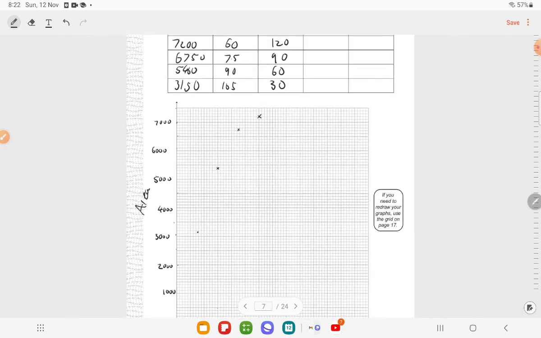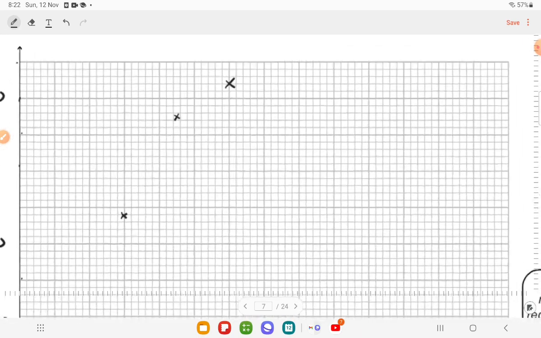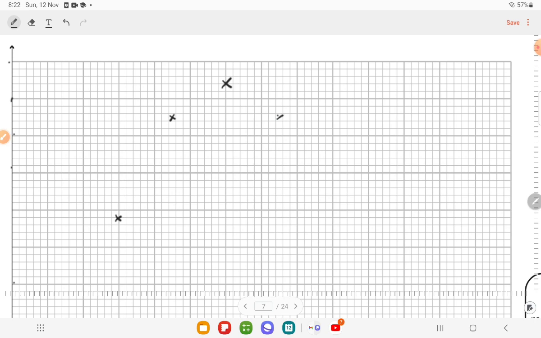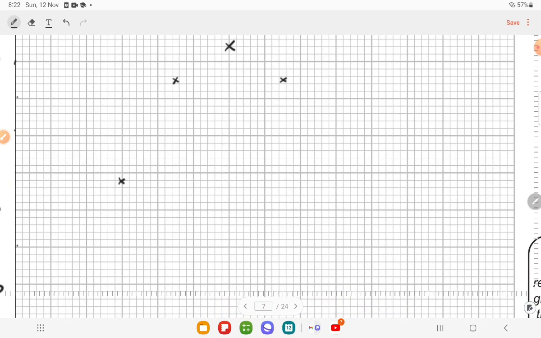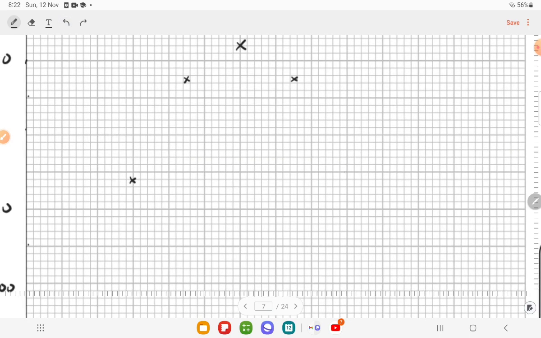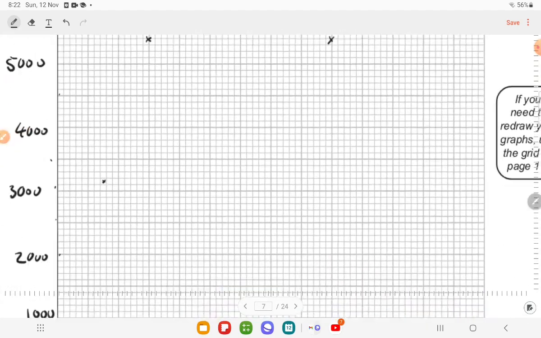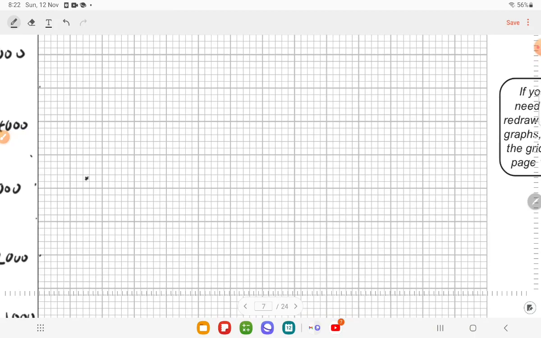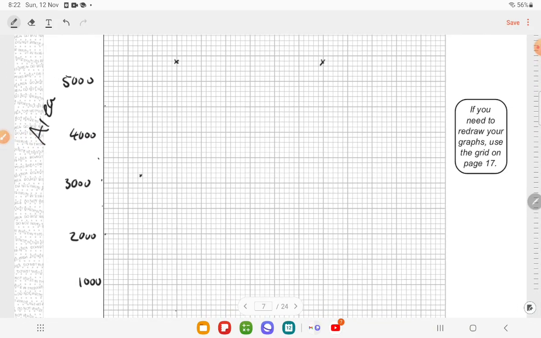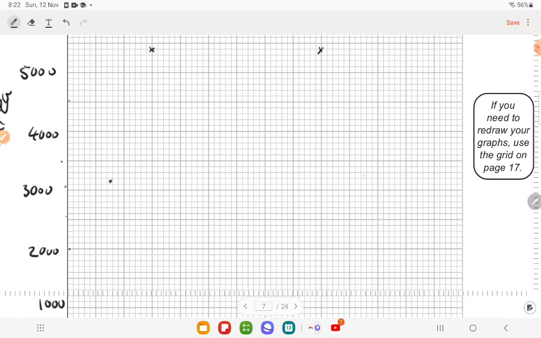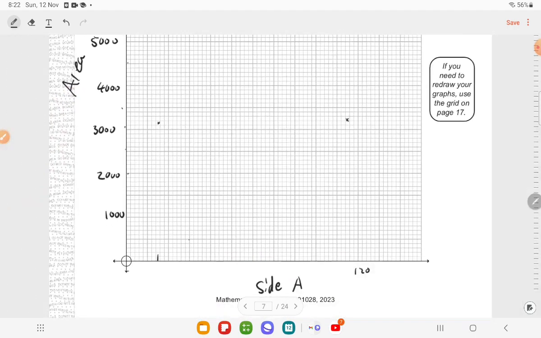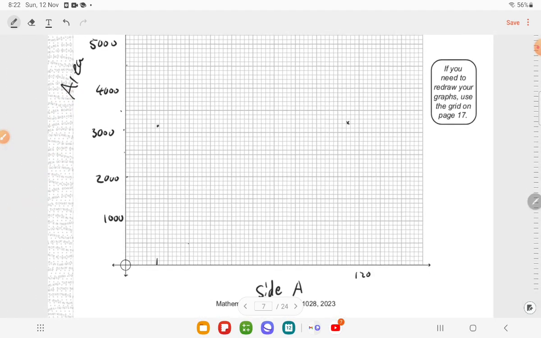Then it's symmetric, so we could plot one here. Plot one here. Plot one here. And yeah, let's just draw the graph.